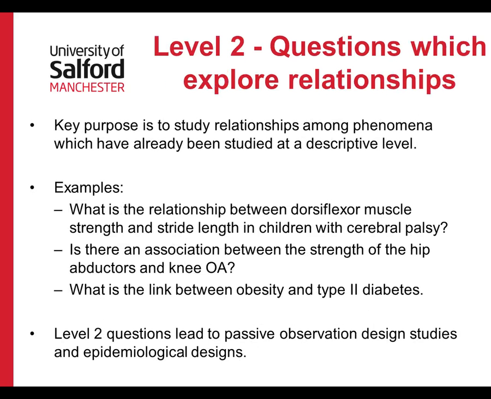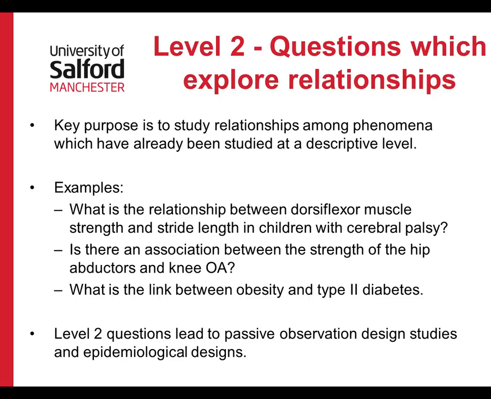The next level, level 2 questions, are designed to explore relationships among phenomena. And these sort of questions are typically posed once a level 1 investigation has been carried out. Level 2 questions typically lead to passive observational studies and, as we spoke about in the previous document, epidemiological designs.